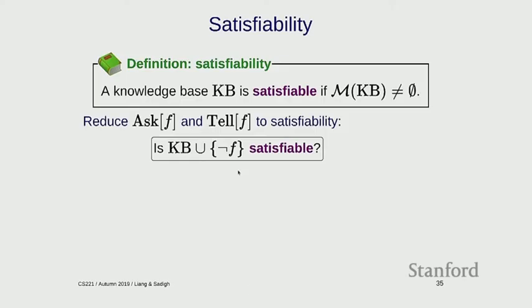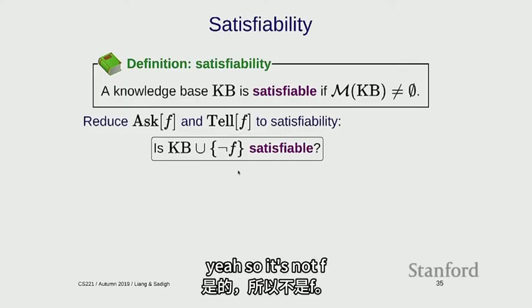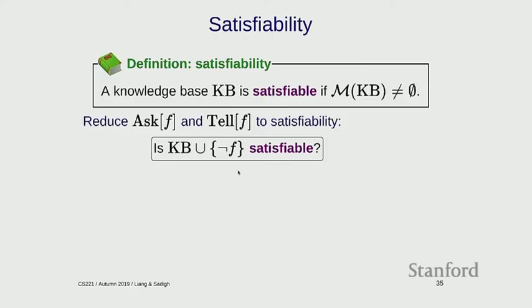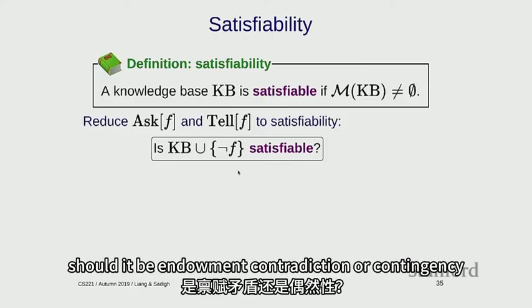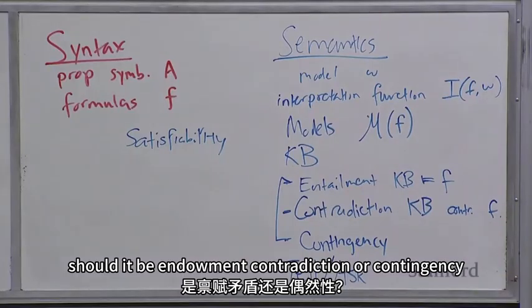So it's not F. Which one of these should it be? Entailment, contradiction, or contingency?